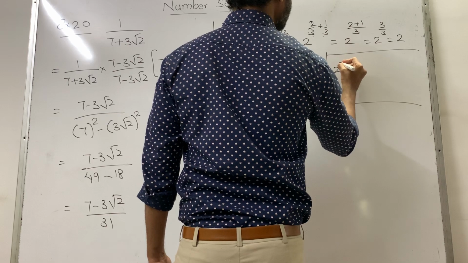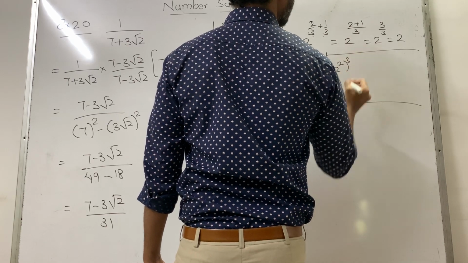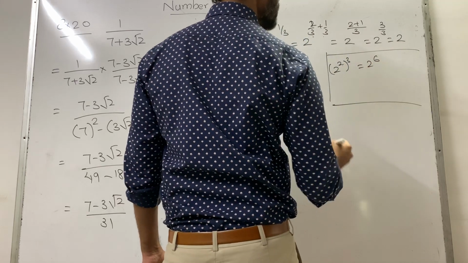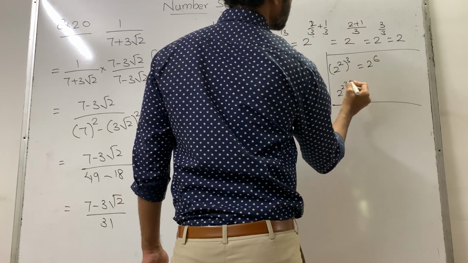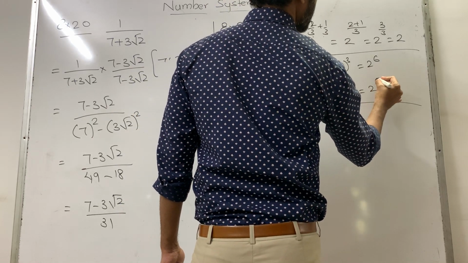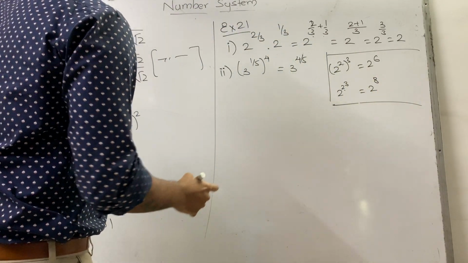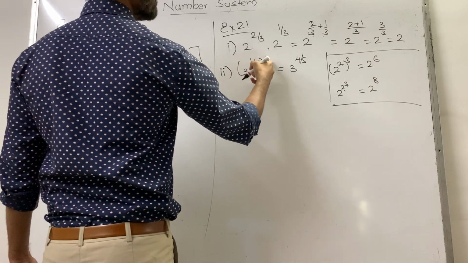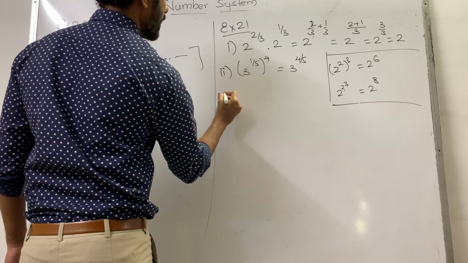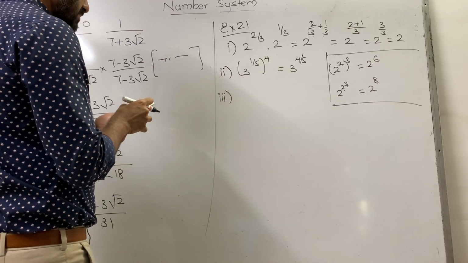Let's say if it would have been 2 square and bracket 3, you multiply 2 and 3 and you write this as 2 raised to 6. But if there would have been no bracket, this means 2 cube, and you write 2 raised to 8. Now as there was a bracket here, we multiplied 1 by 5 and 4 and we got 4 by 5.